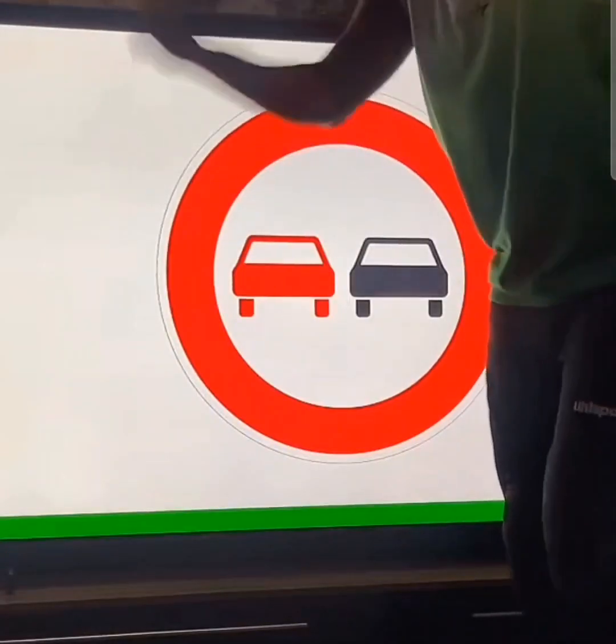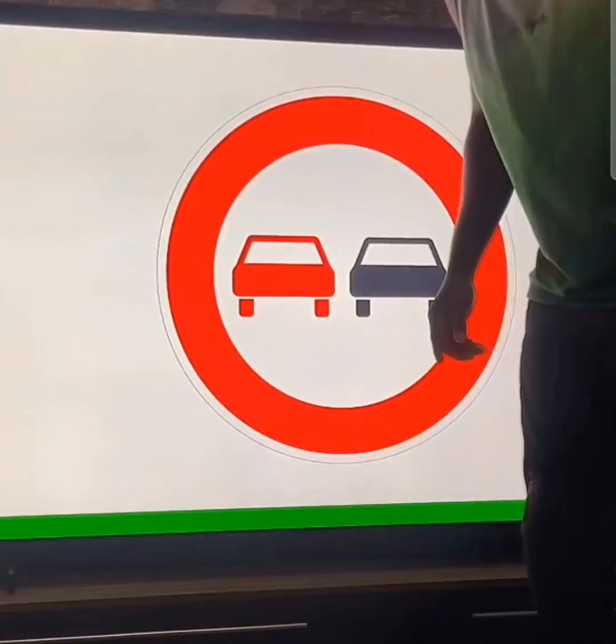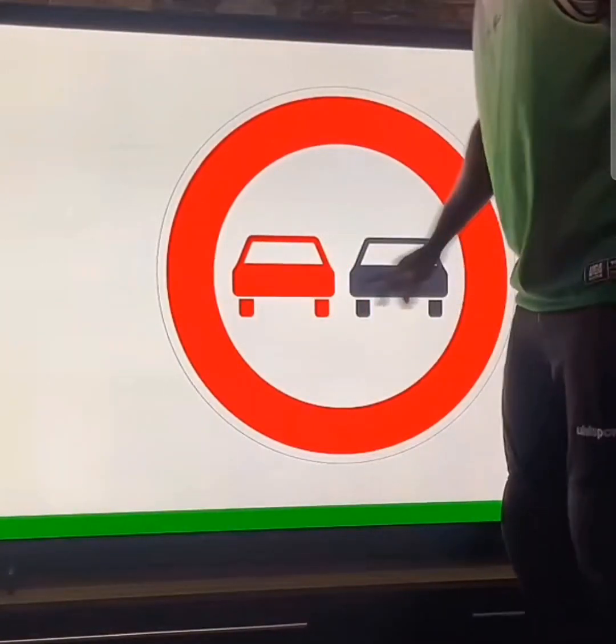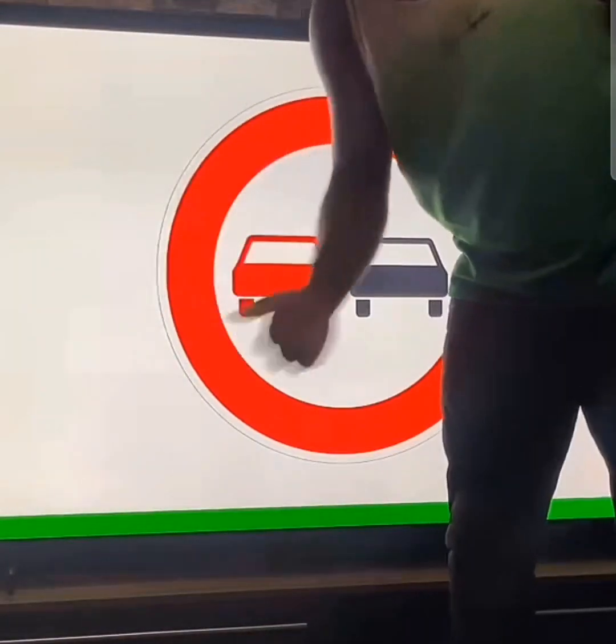You cannot overtake a vehicle. What kind of vehicle? Cars. But you can overtake motorcycles without what? Sidecar.